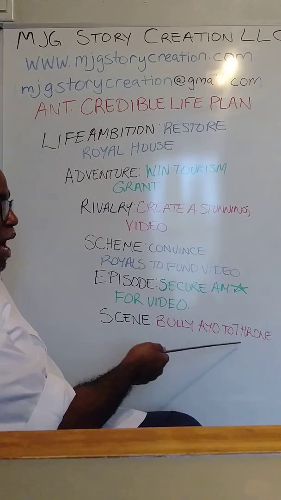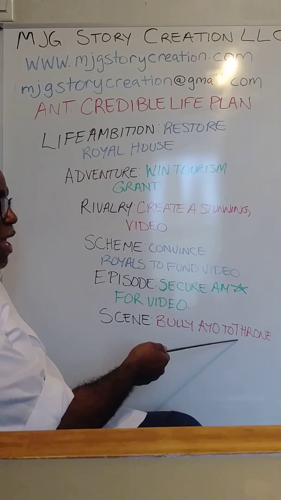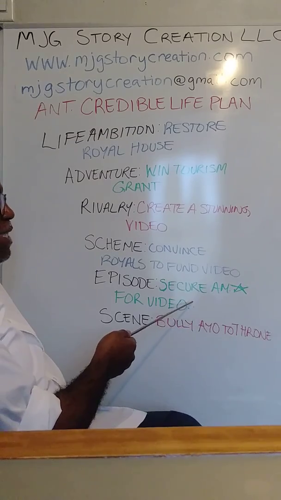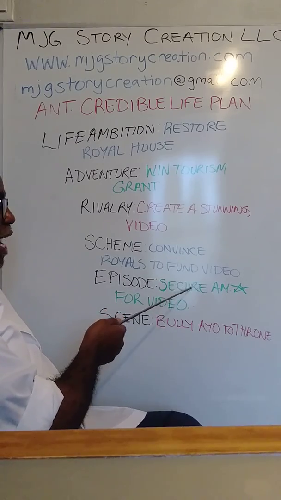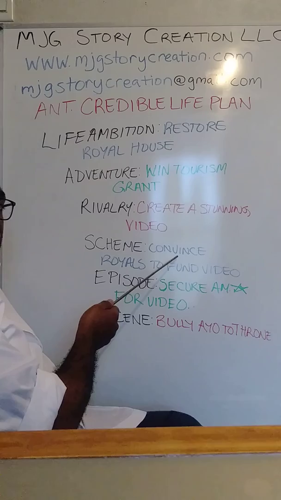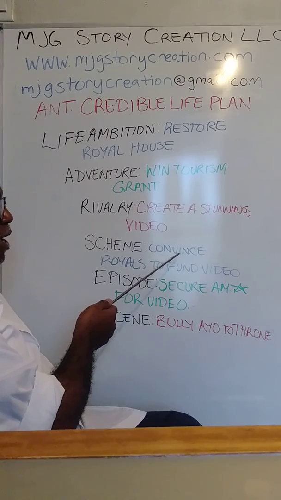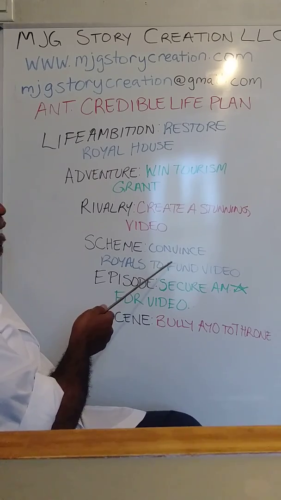She needs to bully Io into the throne so that he can become king. That's how she's going to be able to secure an American star for the video. Once she has the star, then she'll be able to convince the leadership and the royals.